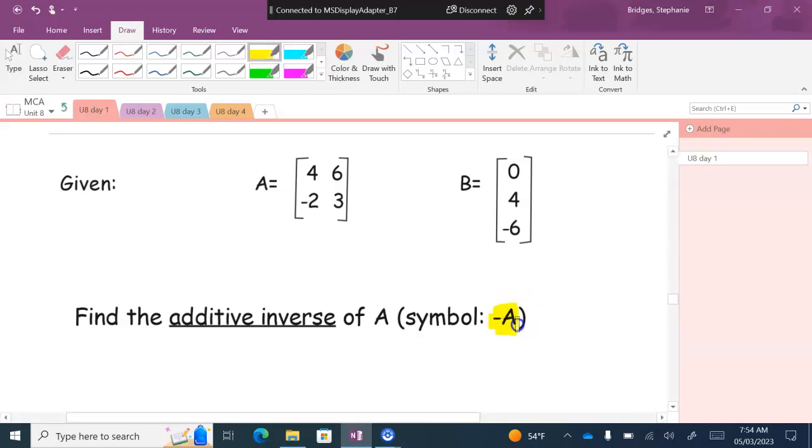It's like just a negative in front of it. And finding the additive inverse is basically changing the sign of every element in that matrix, multiplying it all by a -1. The symbol for it is a -A.